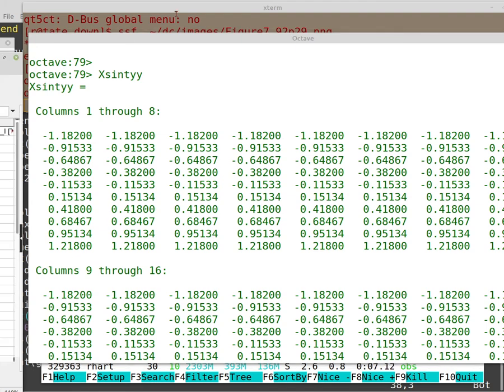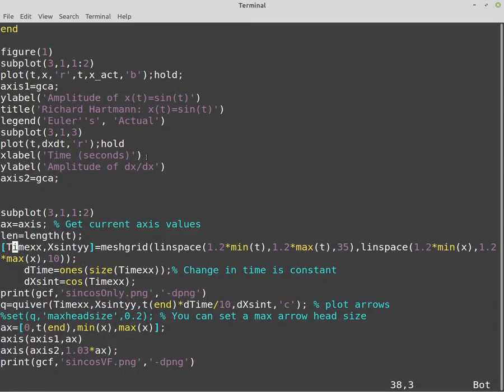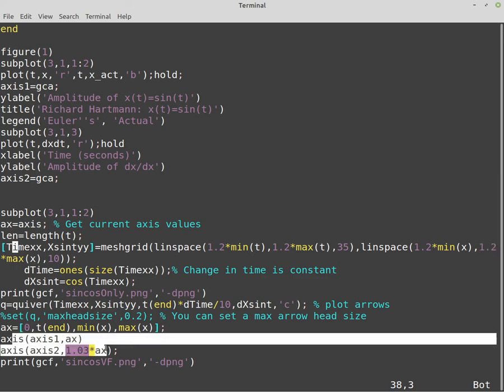When you're done, you just get a nicer plot that way. Alright, and so that's what I'm doing. So I've expanded it. You can see it went from minus 1.18 to about 1.2, and then we trim it back off with the axis commands here at the end.